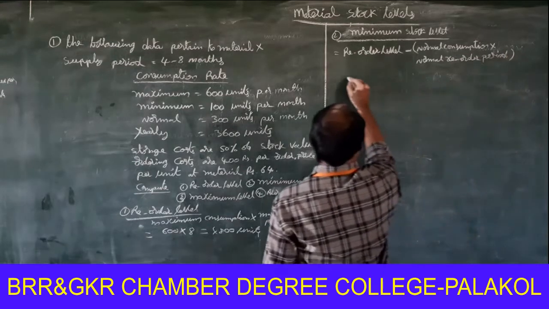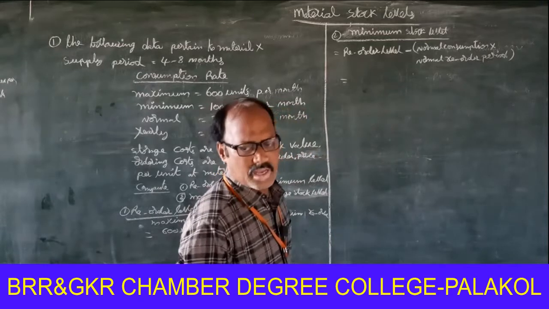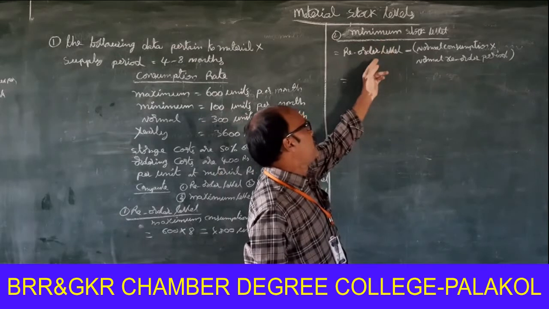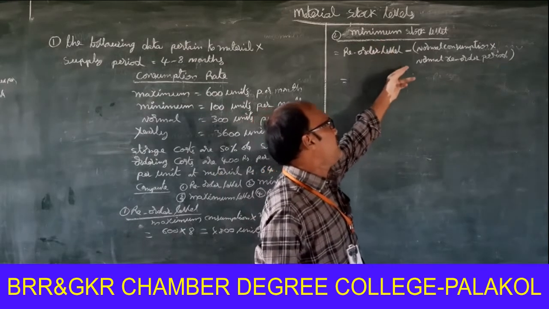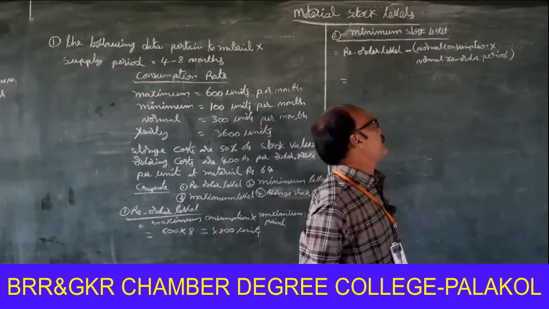Okay, this is the principle for calculation of minimum stock level. What is that? Reorder level minus normal consumption into normal reorder period.